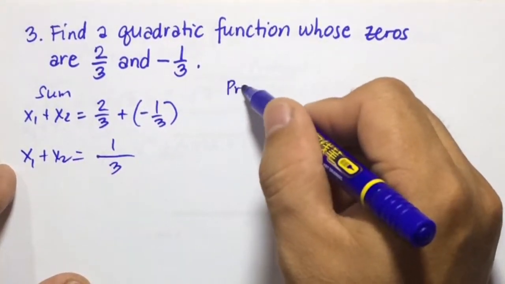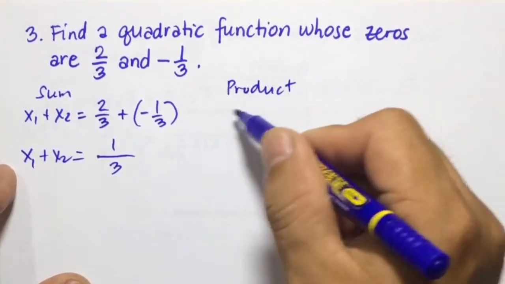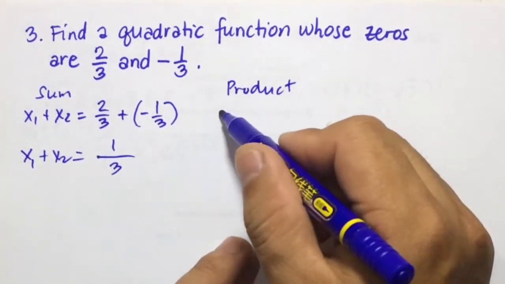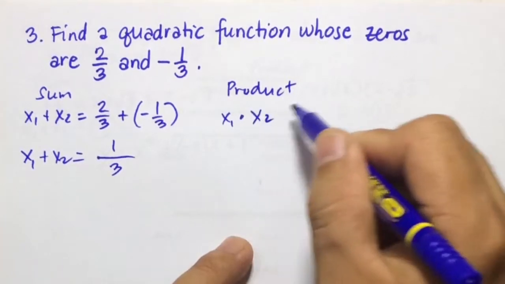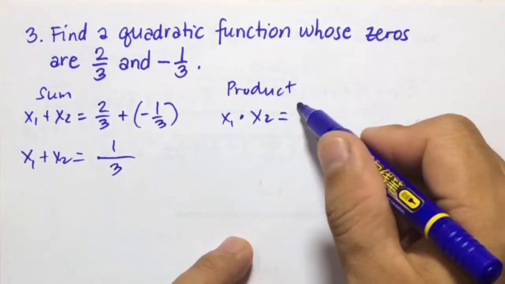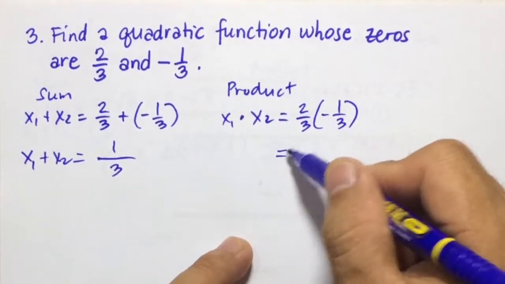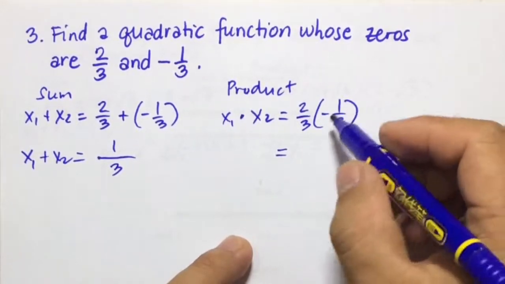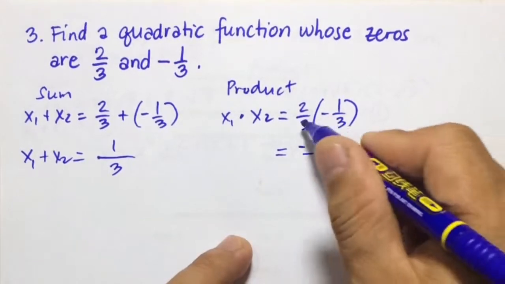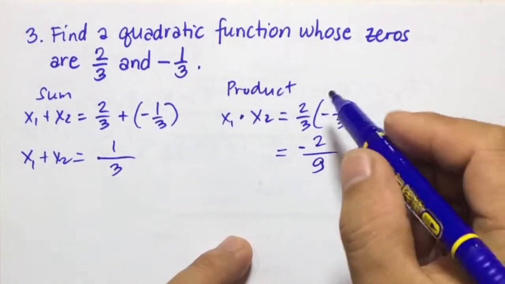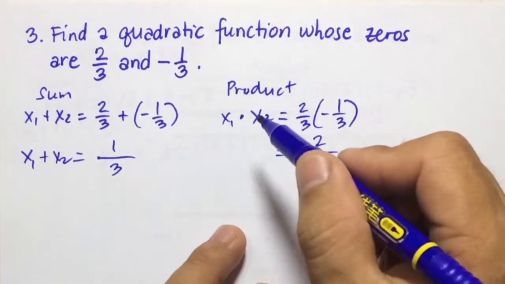Then for the product, we're going to have here x sub 1 times x sub 2 will be equal to 2/3 times negative 1/3. So 2 times negative 1 is negative 2, and 3 times 3 is 9. So that is negative 2 over 9.